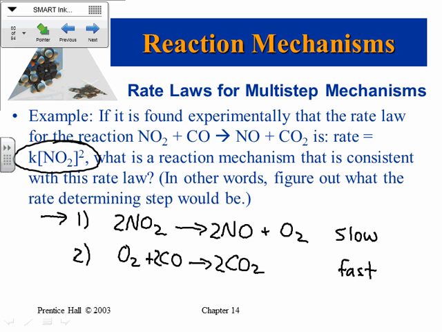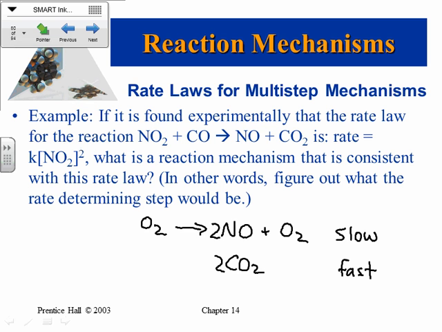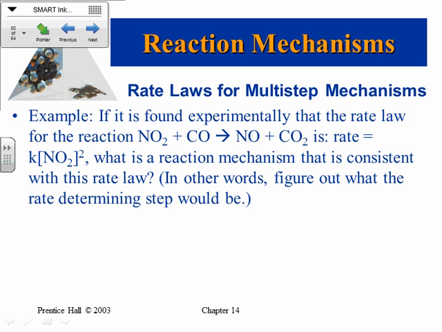If my mechanism is correct and the first elementary step is the slow step, then that would give me the right rate law, okay? Because I've got a coefficient 2 right here, and I've got an exponent 2 right here, okay? So again, that's a little tricky, and you're going to get some practice with that on the lab that we do, trying to figure out a mechanism for a reaction. It can be kind of fun.